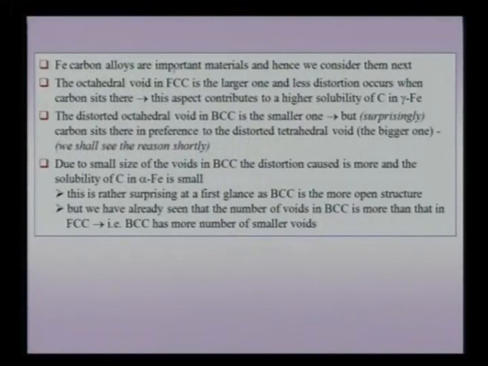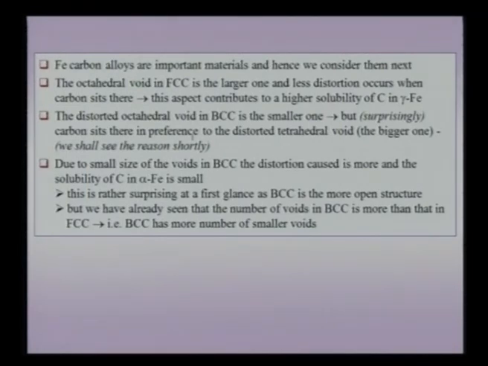In the case of the FCC, it is very clear that the larger void is the octahedral void, and when I add carbon to gamma iron, which is the FCC iron, the carbon would sit there, and there is no confusion regarding that. But in the case of carbon in BCC iron, surprisingly carbon sits in the smaller octahedral void, which I pointed out is in some sense actually a linear void, and we will try to understand why this is so.